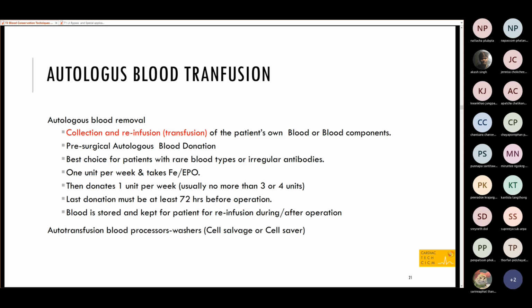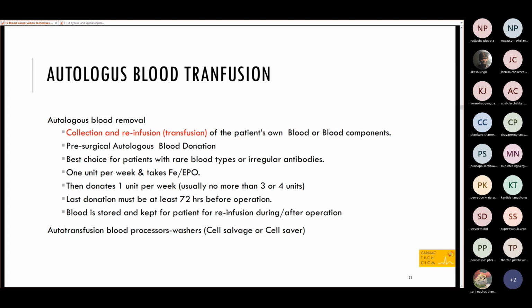Another procedure that can be referred to as autologous blood transfusion is where we use an auto transfusion blood processor, washer, cell salvage, or cell saver. This is a special machine that's used during operations.